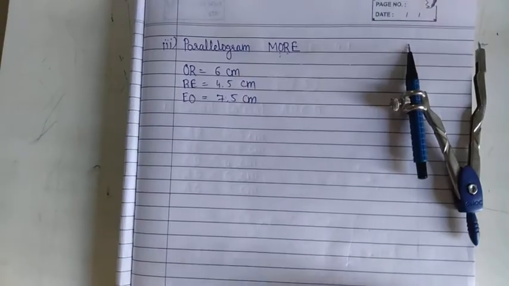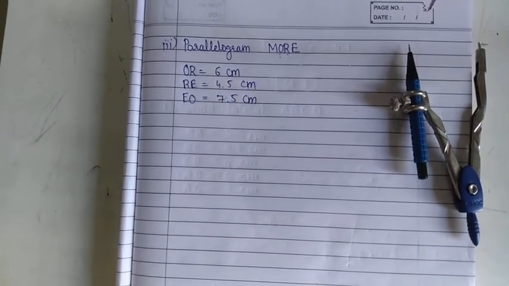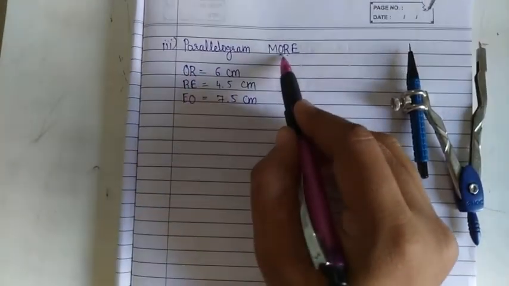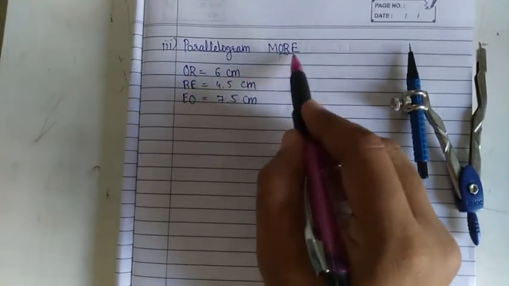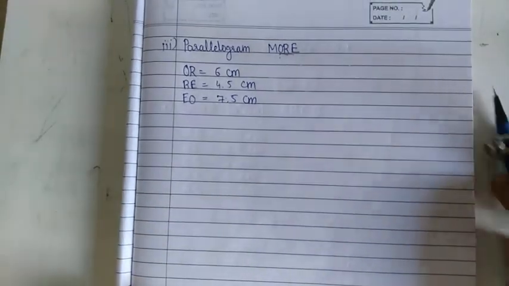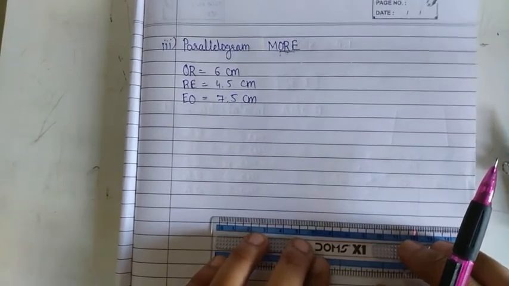Okay. So question number 3 is a parallelogram MORE where OR is given 6 centimeter, RE is given 4.5 and EO is equal to 7.5. OR is a side, RE is also a side, and EO is a diagonal. So first of all, parallelogram, so we will draw the side OR is equal to 6 centimeter.